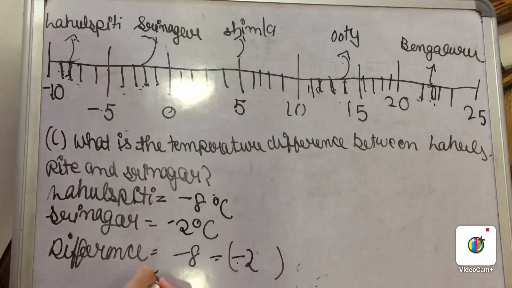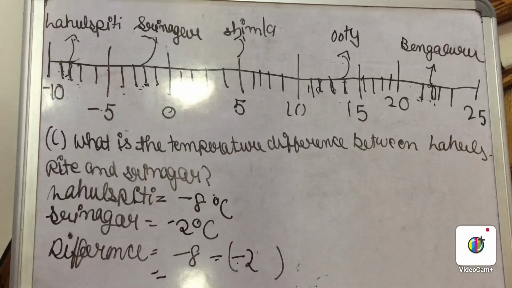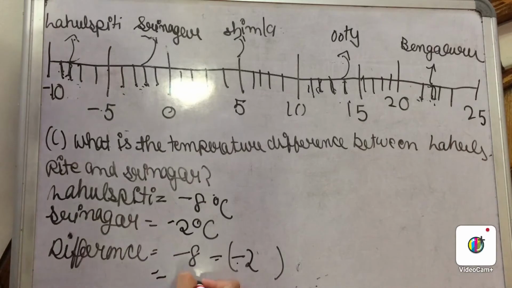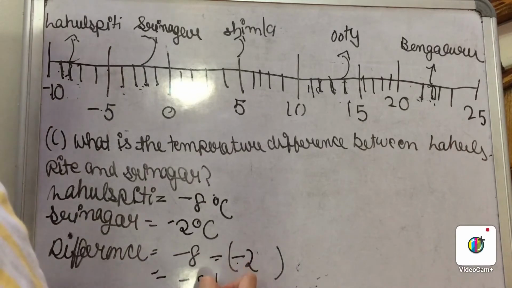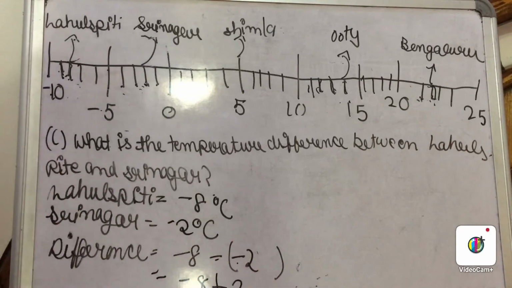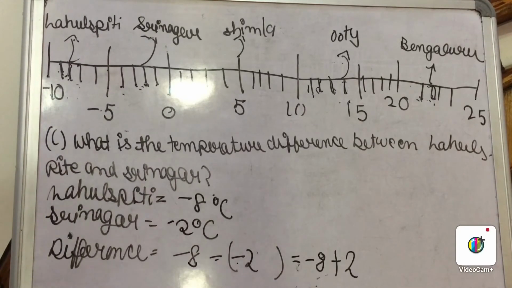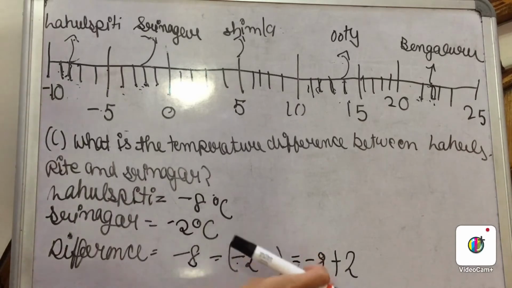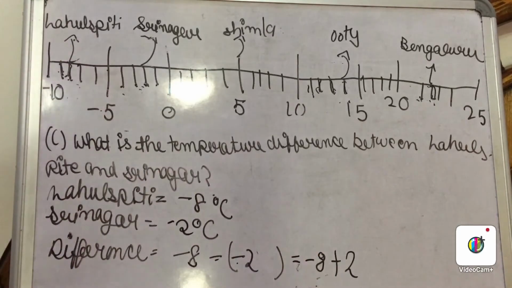plus. Two minuses make a plus, so it becomes -8 plus 2. So what is -8 plus 2? Now you have to keep one thing in mind: if you are given one plus sign and one minus sign, how would you solve it? Students always make mistakes in these types of questions.